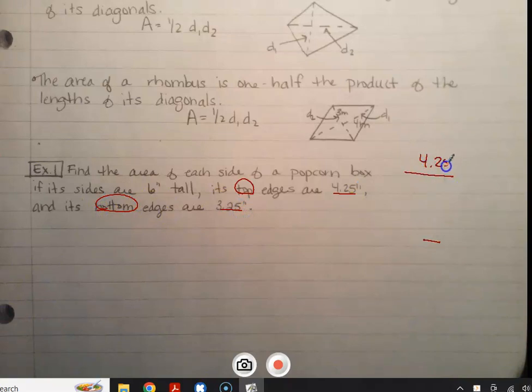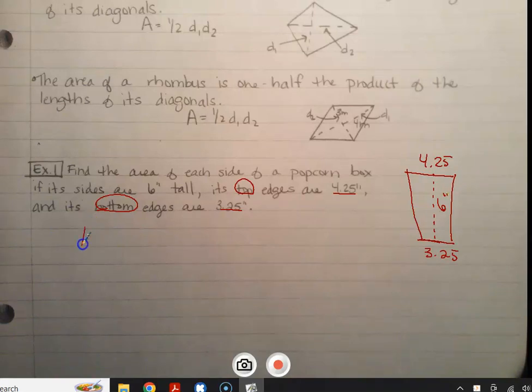Okay, and then it's 6 inches tall. Perfect. So this is what shape? Is it a kite? Is it a rhombus? Is it a trapezoid? Trapezoid.